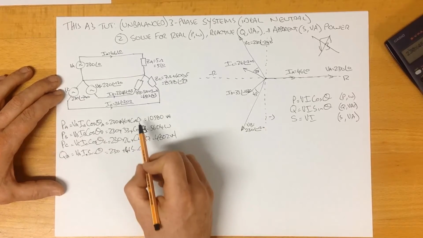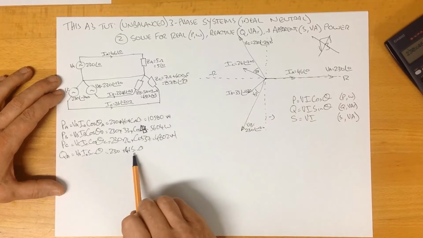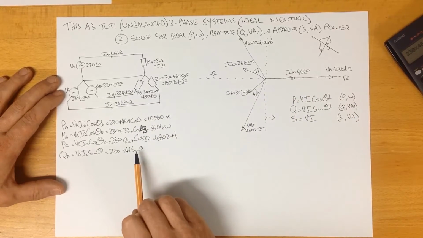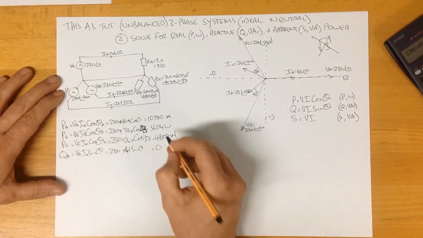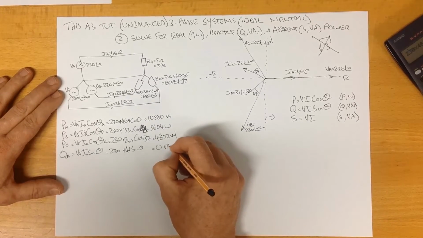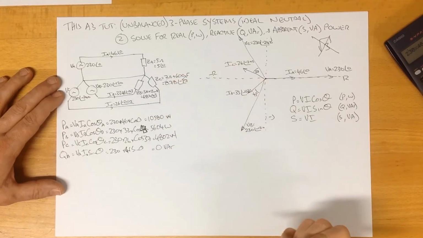The angle, as we've already established, the difference between these two is 0. The sine of 0 is 0. 0 times 46 times 230 is 0. There is no reactive power flowing in phase A. That's not surprising because it's a pure resistor over here.